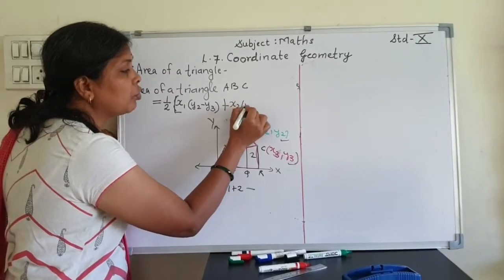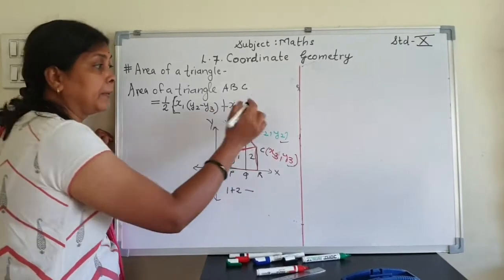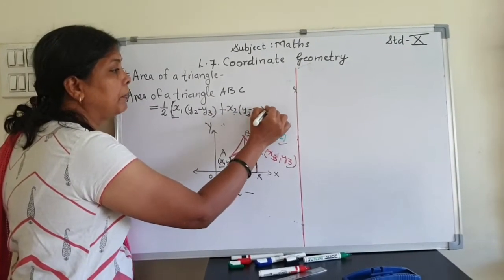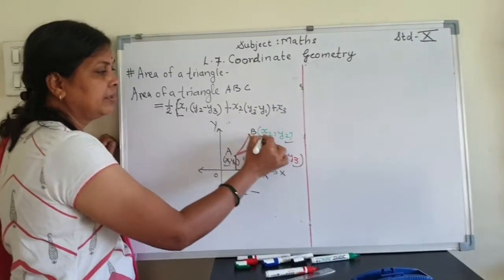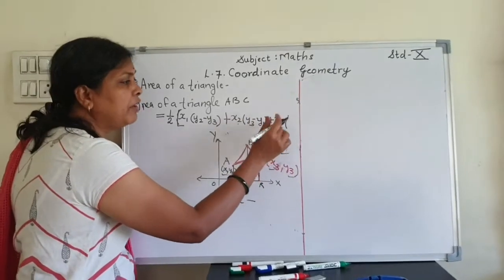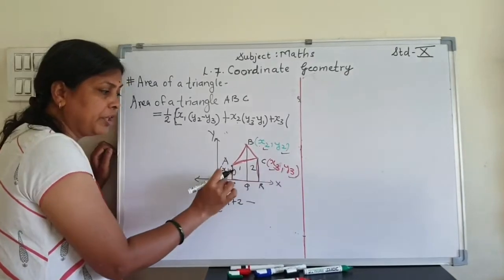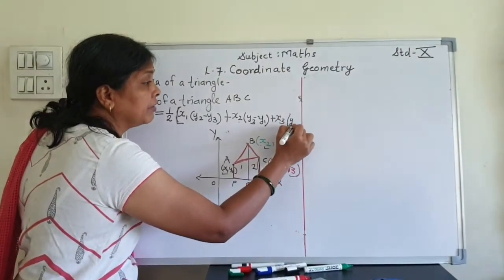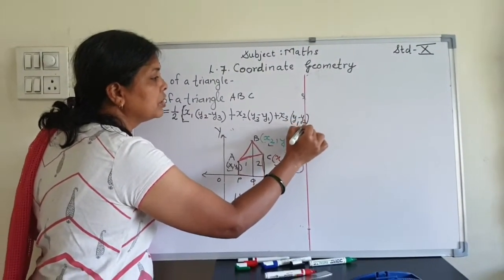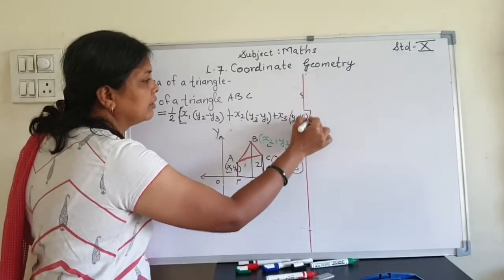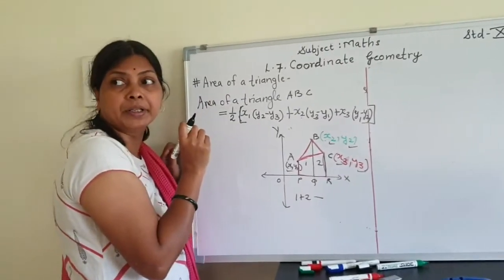Now 2 we have taken, so what is next of it? 3, y3 minus y1, plus again next x3, coordinate x3. So what will be after x3 in y coordinate? That is y1 next to it. So that is y1 minus y2. So this is how the formula is derived by using the concept of coordinate geometry.